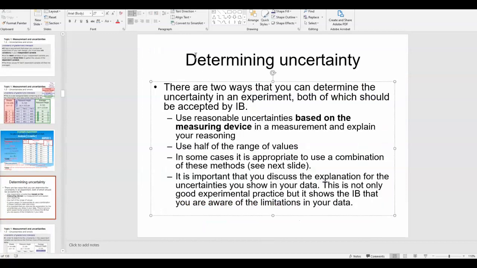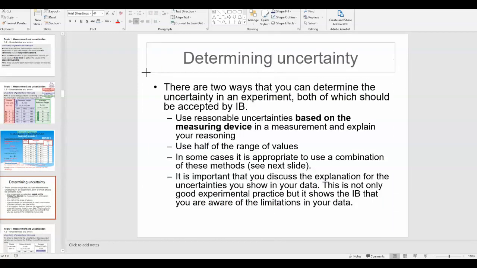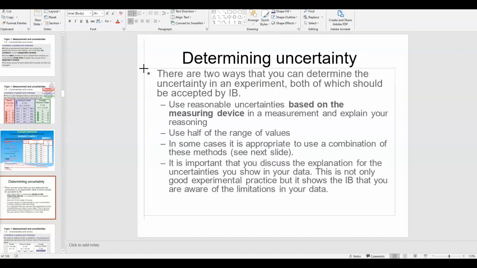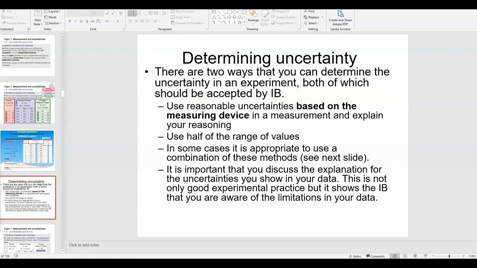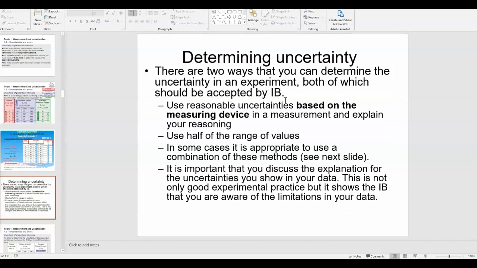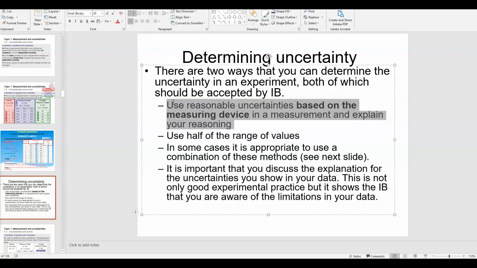I said this before, but as far as determining the uncertainty, it says here there are two ways you can determine the uncertainty in an experiment, both of which should be accepted by the IB. Again, using the uncertainty in the measuring device and using a reasonable judgment call of what you think the uncertainty should be based off of how confident you personally feel about the uncertainty.